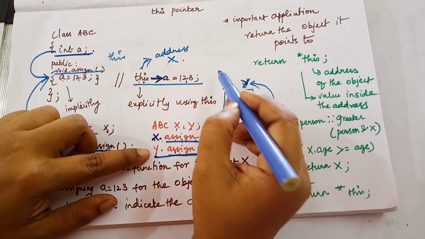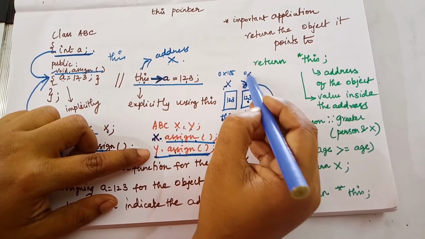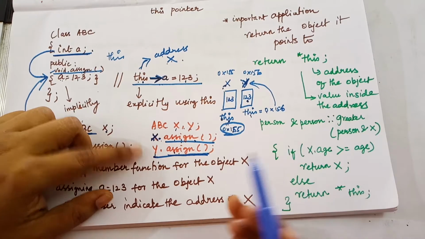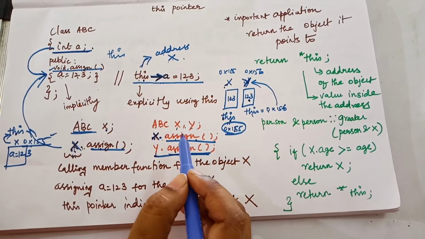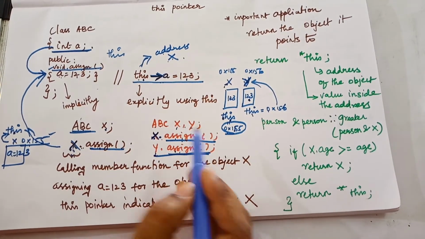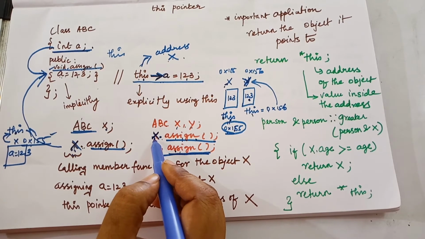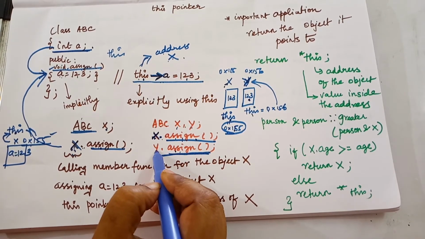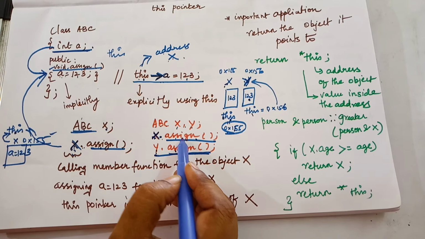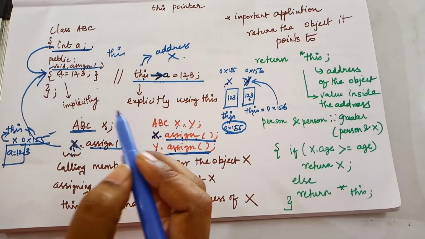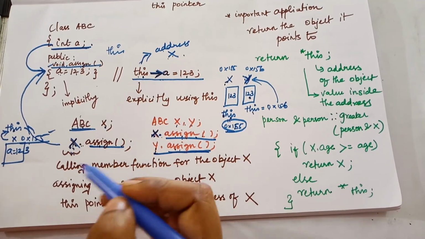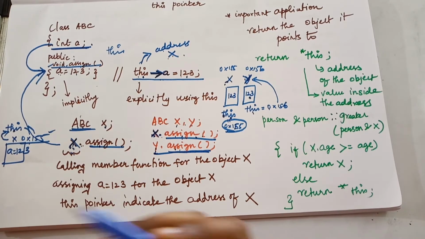The content is the address of Y. Okay, so whenever you are using this pointer, automatically this pointer is allotted for the object for which you are calling the member function. So this pointer is nothing but a pointer variable. It is like a pointer variable.